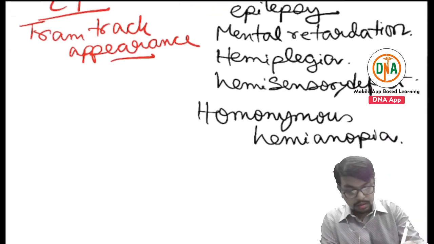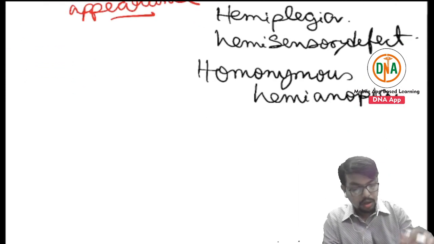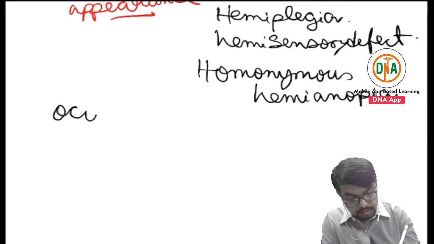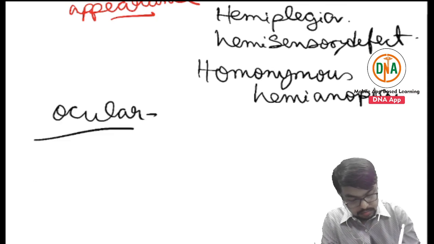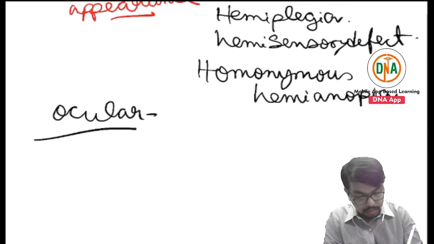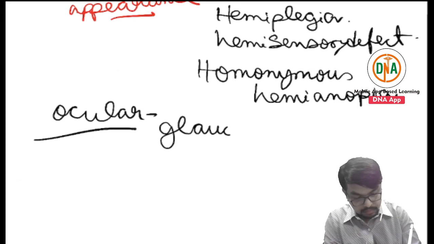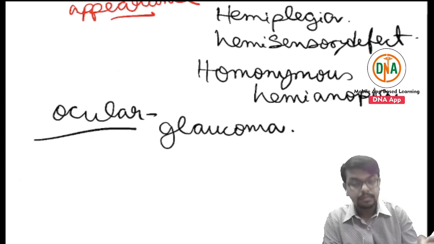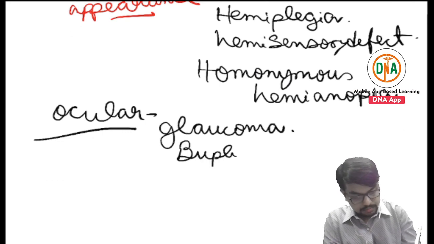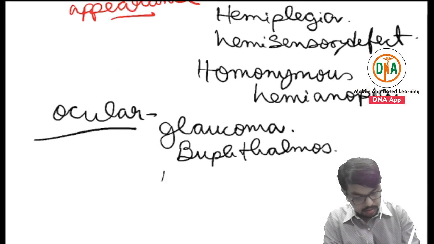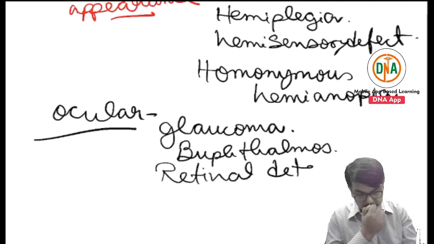Okay, now the ocular features of Sturge-Weber syndrome. There will be glaucoma, leading to buphthalmos, and retinal detachment.